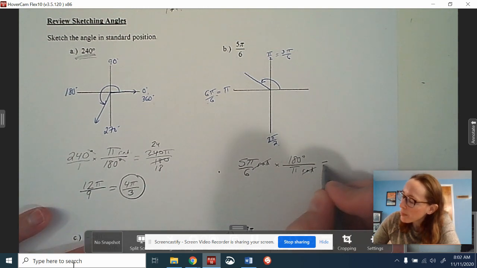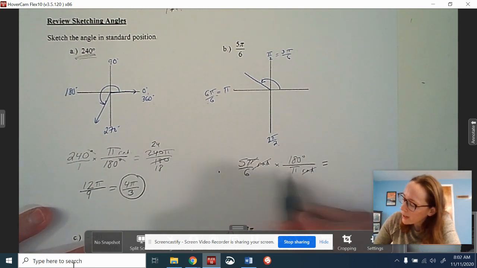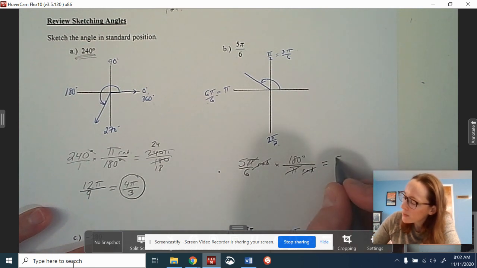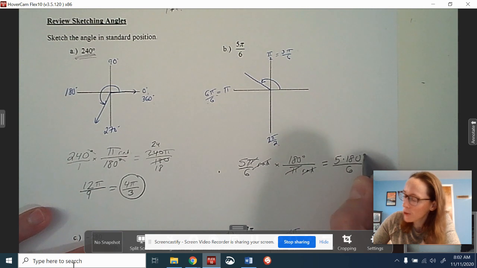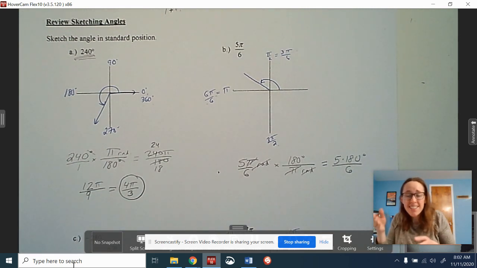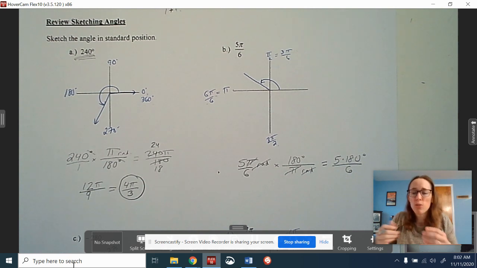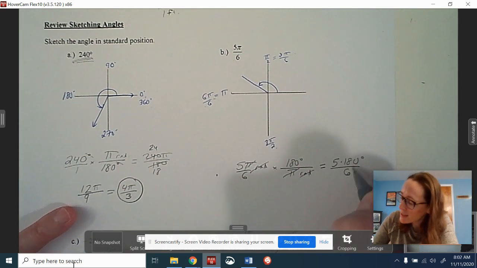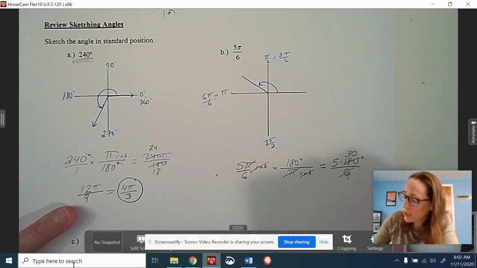Okay, now here the pi's are going to reduce, and then I have 5 times 180 over 6. You may be tempted to multiply 5 times 180 next. Please don't. You're going to make your life harder if you do that, because in the next step you're going to try to reduce. So instead of multiplying 5 times 180 and making a much larger number, why don't you just reduce while it's factored like this? I see that 6 goes into both of these. 6 goes in here 30 times, 6 goes in here once.